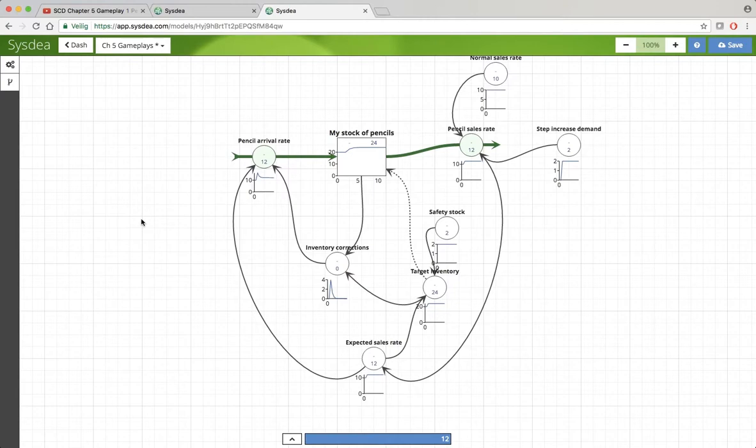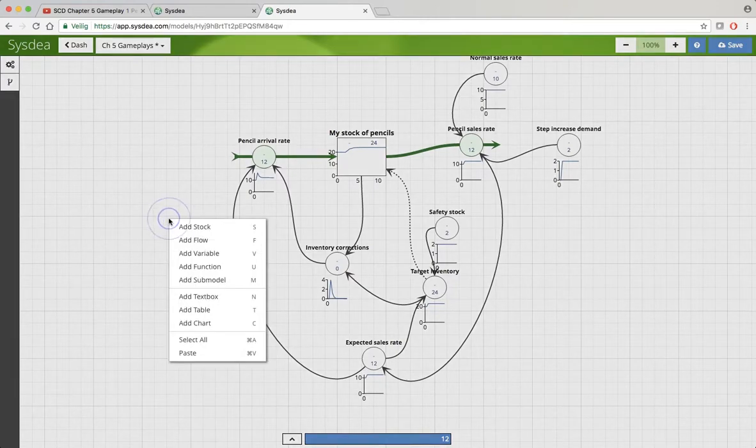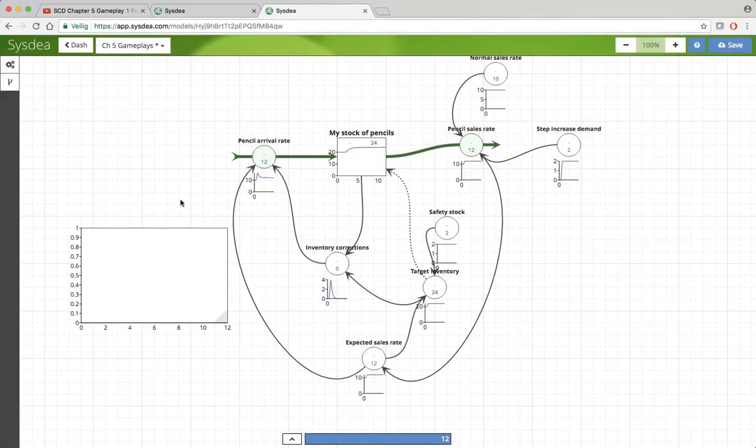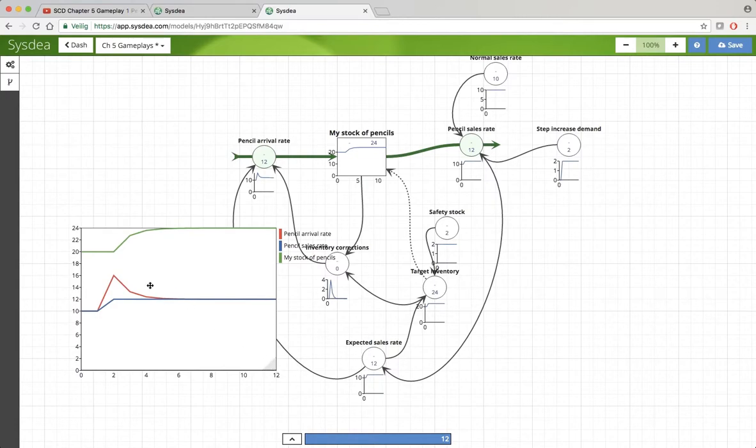Well, it's perhaps not immediately clear to see, but let's therefore quickly put this stuff in there, including the stock of pencils. And indeed, this is what you see.